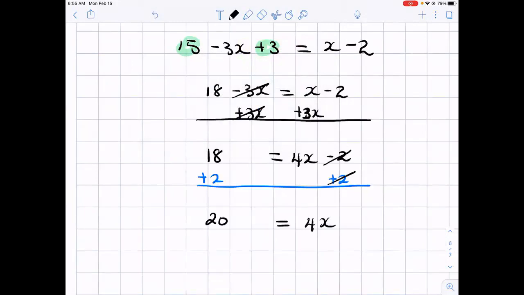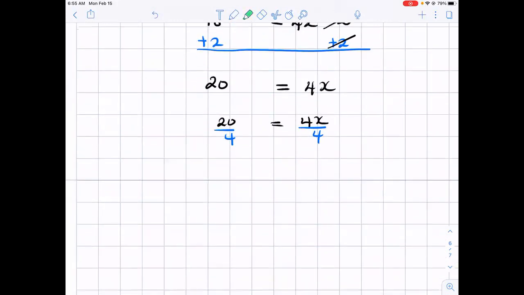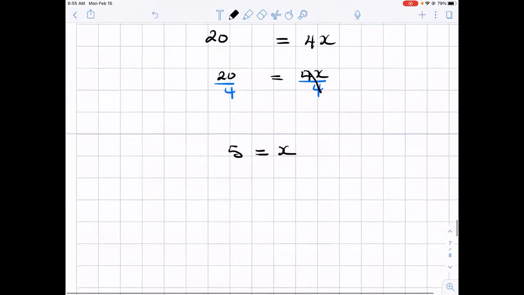The minus 2 and the plus 2 become 0. Finally, we divide both sides by 4. So 20 divided by 4 is 5, and 4x divided by 4 is just x. So now, don't forget, check.